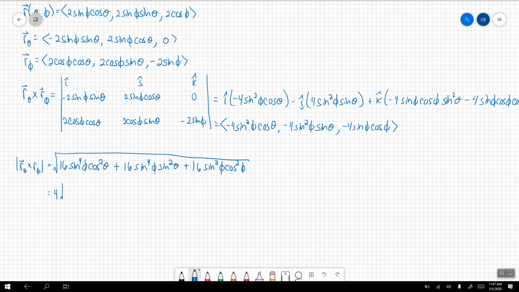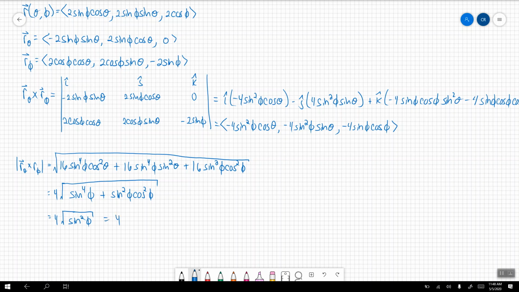I have left sine squared phi cosine squared phi. Now I can factor out a sine squared phi, and I'm left with a Pythagorean identity for phi again, which means I'm left with just sine squared phi. Nice.